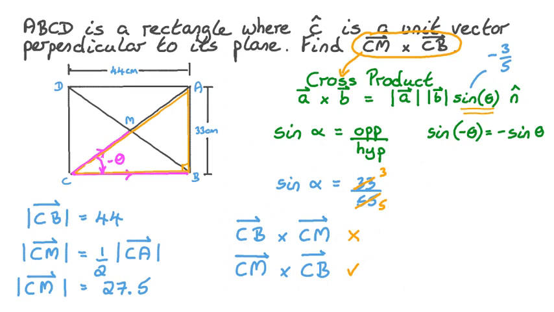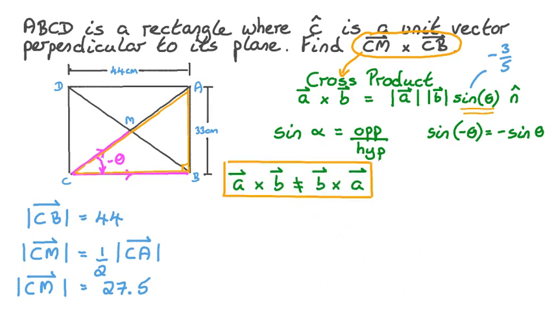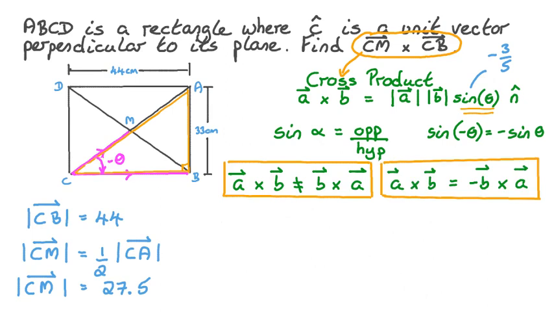This leads us to an interesting rule about the vector or cross product. Vector multiplication is not commutative. A cross B is not equal to B cross A. However, as the sine function is odd, A cross B is equal to negative B cross A. This means that in our question, CM cross CB is equal to negative CB cross CM.